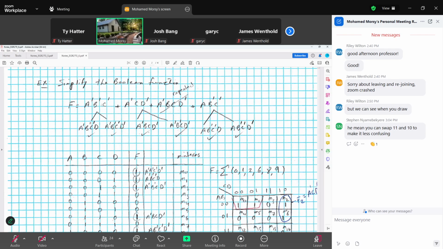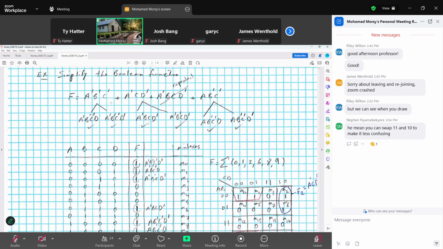But we can see in the first term, we have A inverted, A, B, C, whatever, inverted or not. So we have D missed here. Here we have B missed. Here we have D missed. So again, do the same thing. Multiply here by D plus D inverted. Multiply here by B plus B inverted.